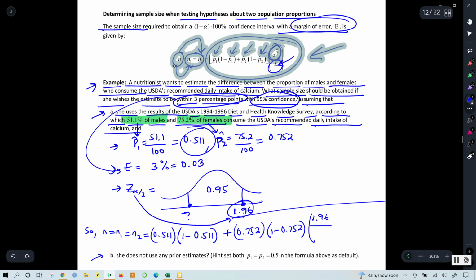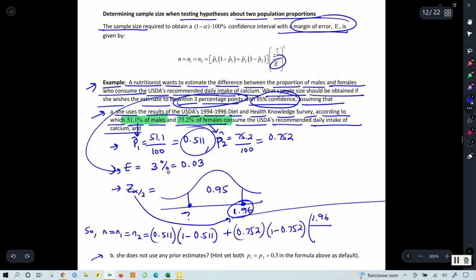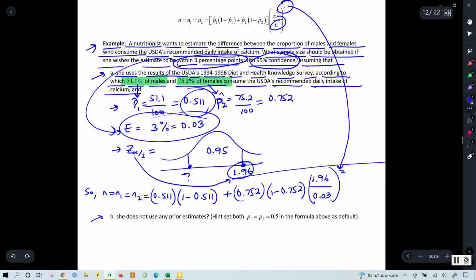The error term E is 0.03 from the question. And don't forget the square. Many students usually forget that. Please note that there is a parenthesis here, which means we must first complete the calculation inside the brackets. So multiply these two, multiply these two, and add the answers together first.